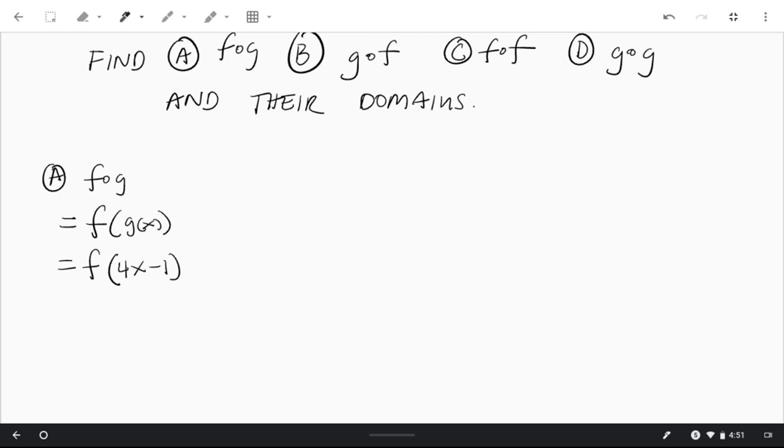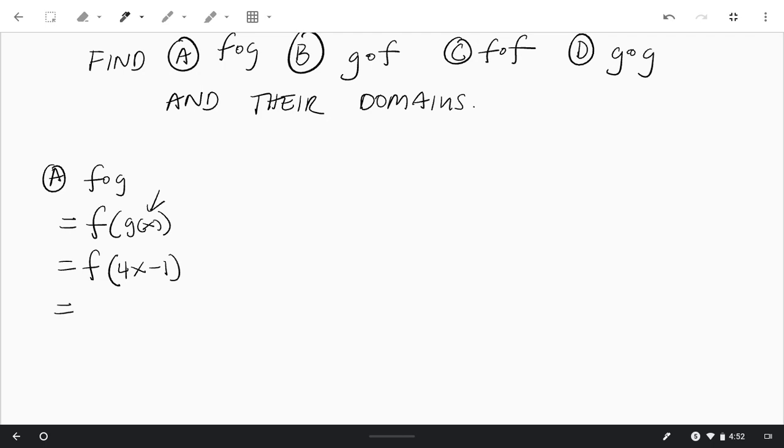This here tells me what I'm going to replace all my x's in f with. It tells me that I'm going to replace all the x's in f with g of x, and g of x is 4x minus 1.